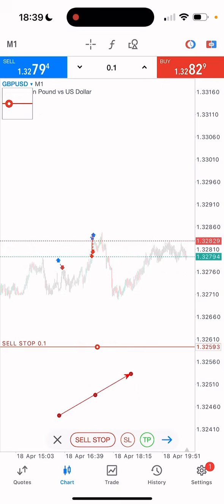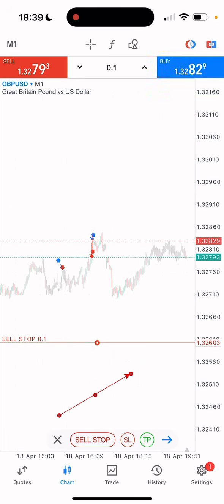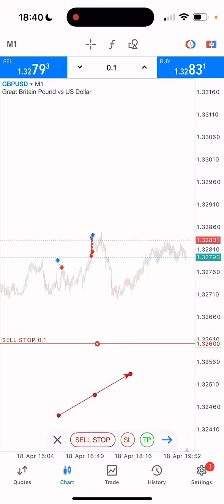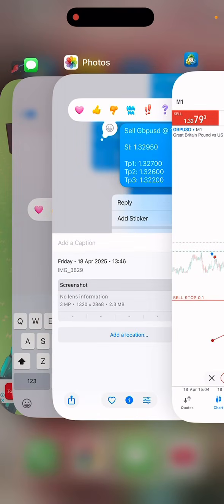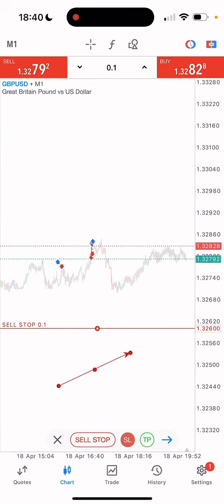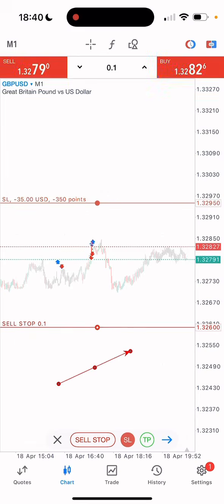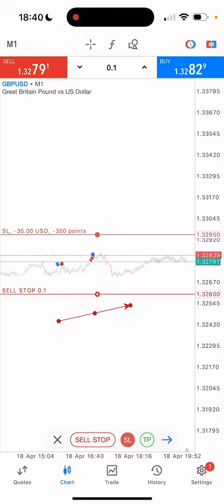Now move it to the price I was given, which is 1.32600. Right? 1.32600. Then what was the SL that was given? SL 1.32950. 1.32950. Remember, this is just a baby signal. This is not how most signals will be, but I'm just using this to give an example.